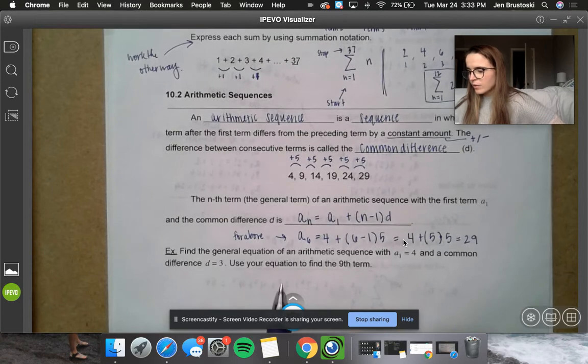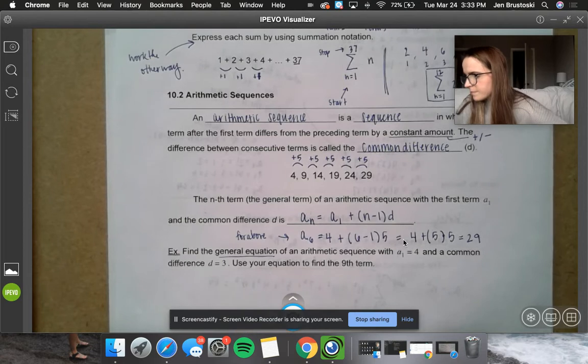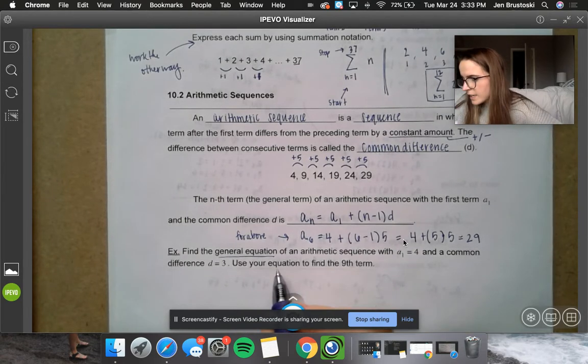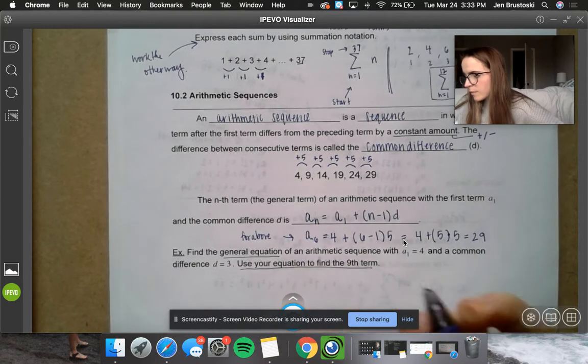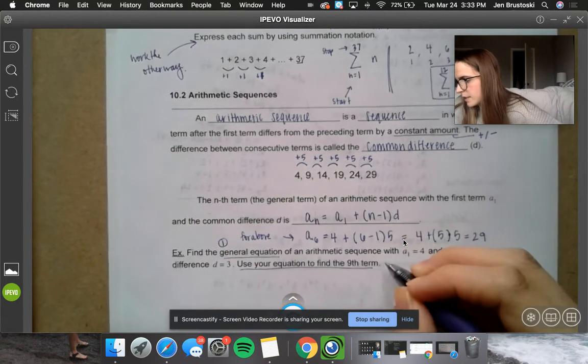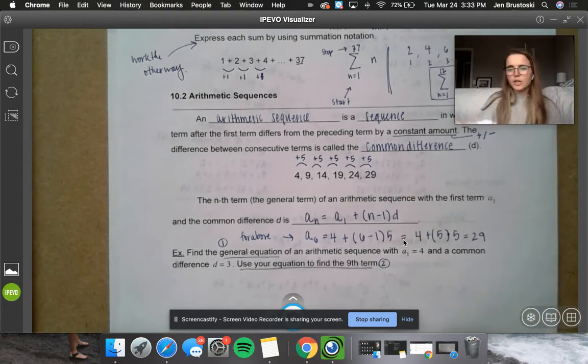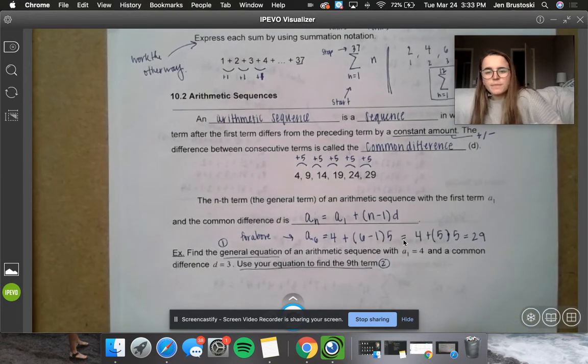All right, here we have a general equation of an arithmetic sequence. So we want to find that general equation, and then we want to use the equation to find the ninth term. So this is part 1, and this is part 2. So you need to make sure you're reading those directions really carefully.